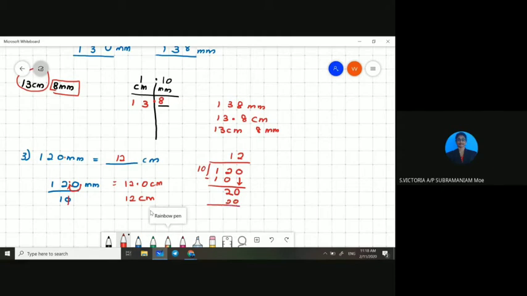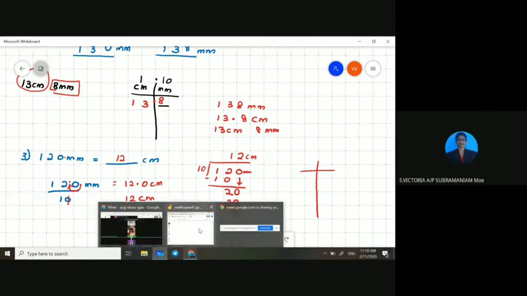So there is no remainder in this question. So your answer will become 12 centimeter. This is millimeter; when you divide, it will become 12 centimeter. This is the long method. Another method is T method.